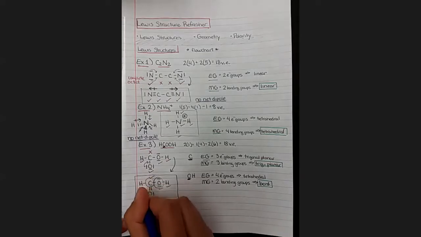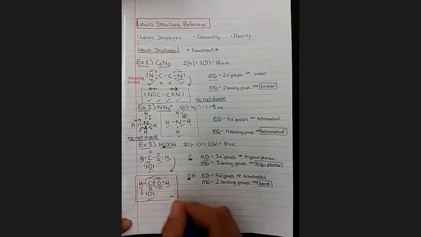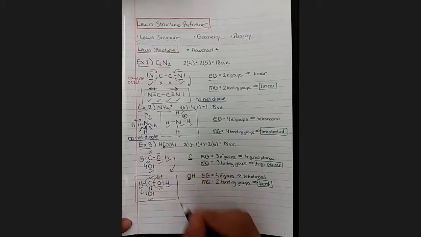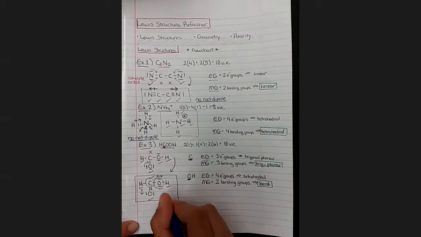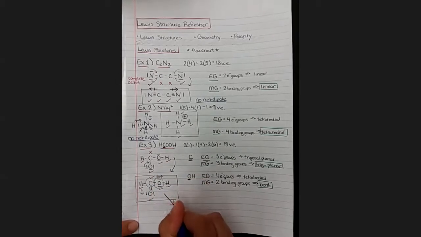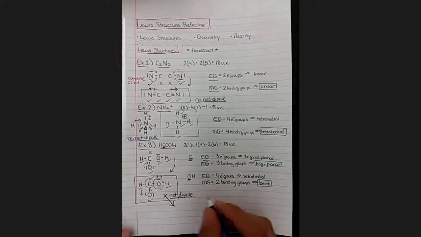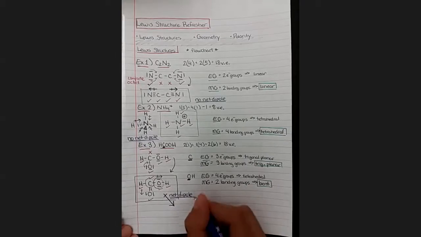So there would be a small arrow pointing from carbon to oxygen in this bond, and a small arrow pointing from carbon to oxygen in this bond. So the net dipole would be pointing in this direction, as sort of an average of the two. So the dipole does exist for this one.